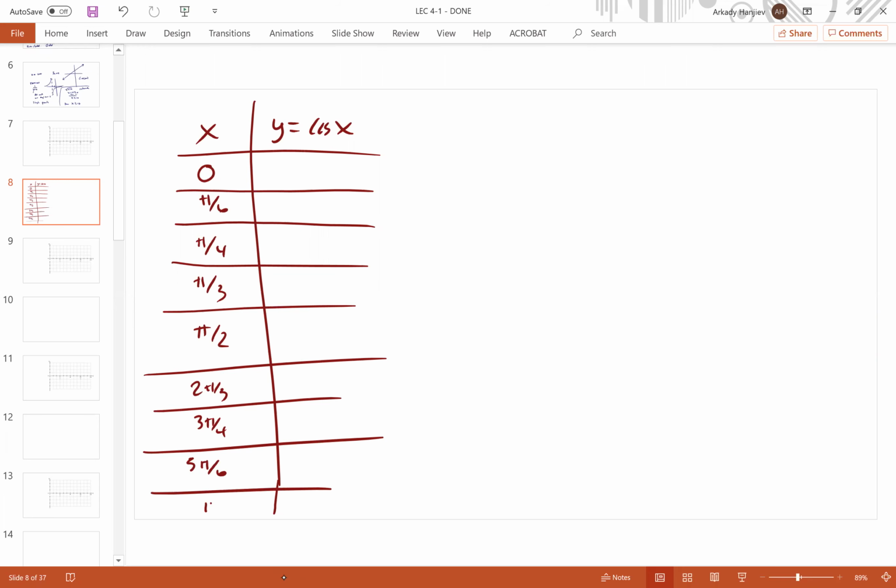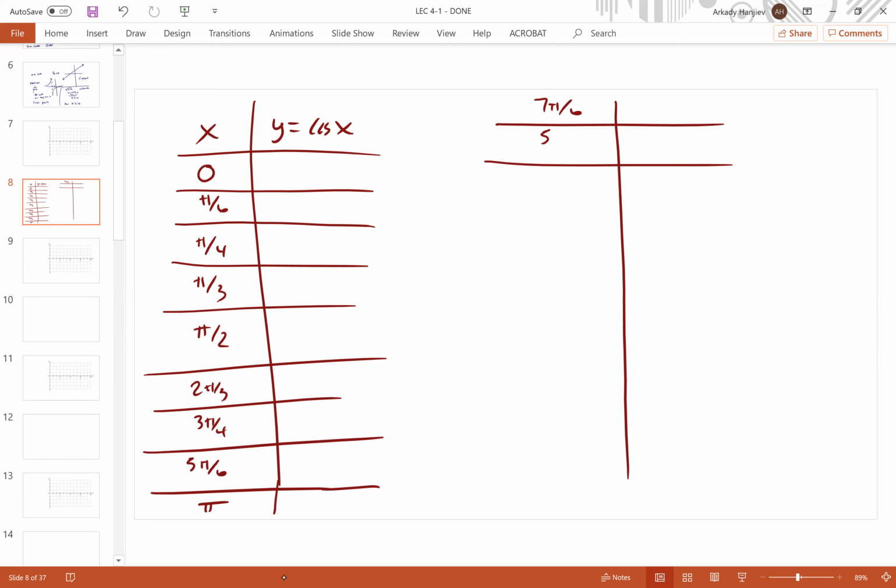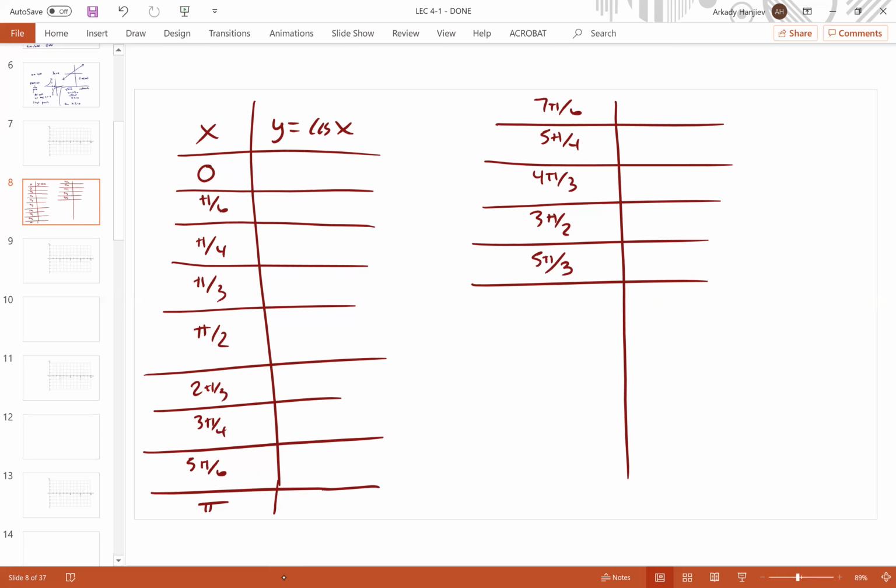And the graph just keeps on going. After that would be 7 pi over 6, 5 pi over 4, let's see, 4 pi over 3. Yep. And then 3 pi over 2, 5 pi over 3.